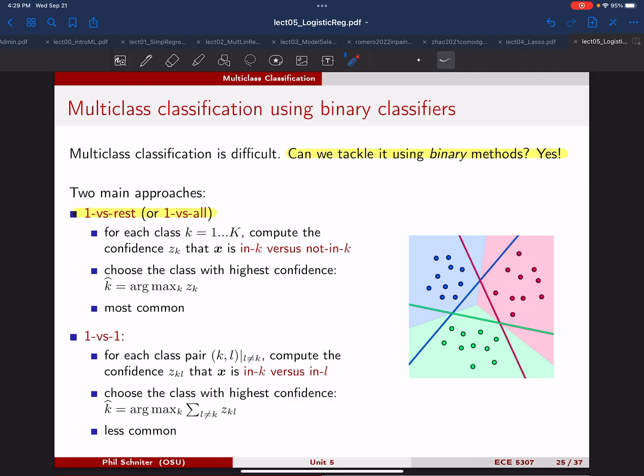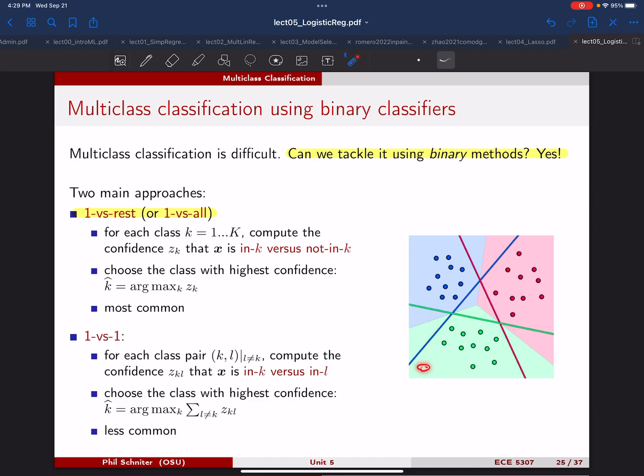Another thing to remember is that the way the score z works is that when you're on this side of the blue line, it would be positive, and this side would be negative, because this is like not blue. As we go further out here, it's more and more negative. So when I'm looking for the highest, most confident z, for the green one it would be positive and large.